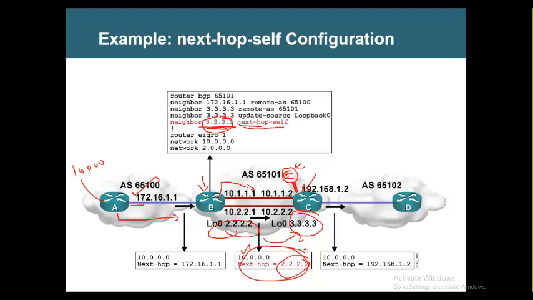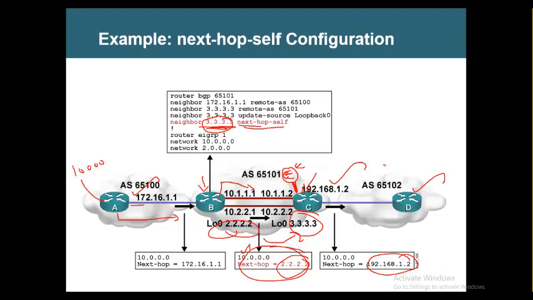But when D receives, D and C are EBGP neighbors. When D receives it, it will receive with the next hop with which D is forming neighbor with C. D is forming neighbor with C using 192.168.1.2. That is the source of this packet going from this autonomous system to the autonomous system where D is.